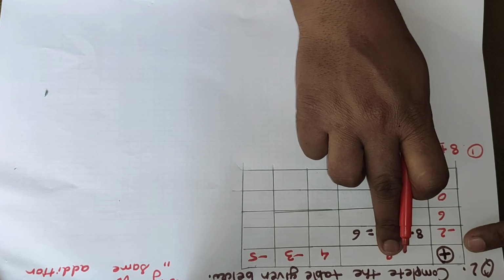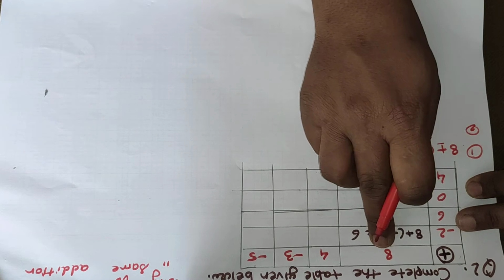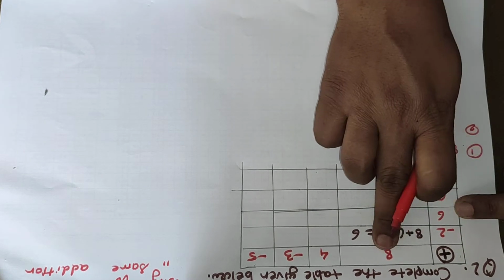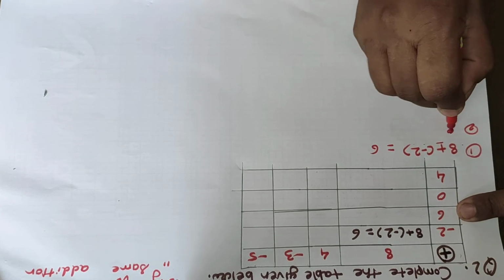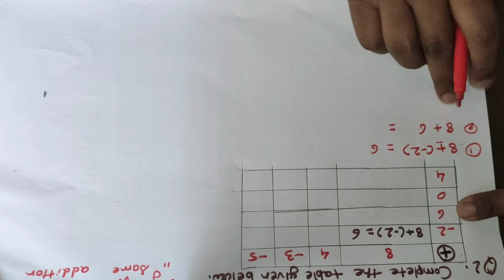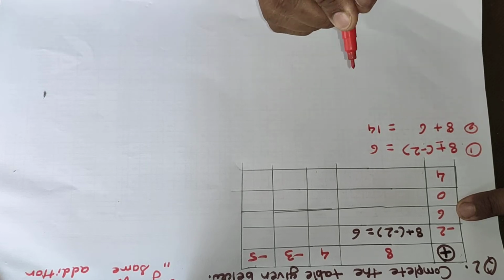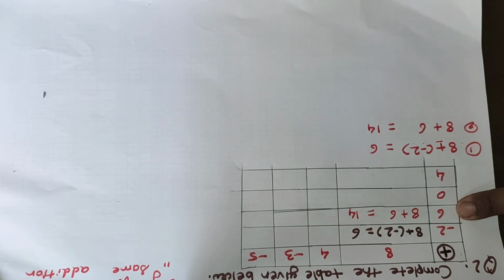Now we will complete this box first. Second, 8 plus 6, it is very easy. Its answer is 14. So here 8 plus 6 is equal to 14.